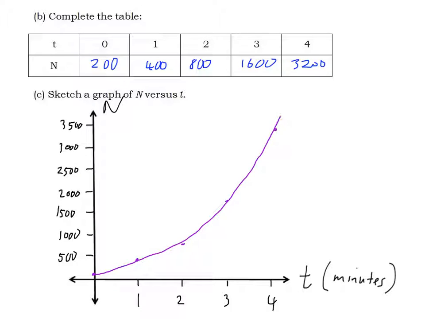There we have our graph. Now, don't extend the graph backwards because this has got a very definite beginning. The graph begins at time equals 0. We're not going to have negative time for this question. So the graph starts right here.